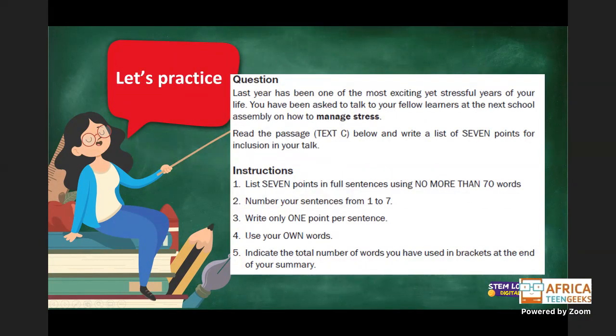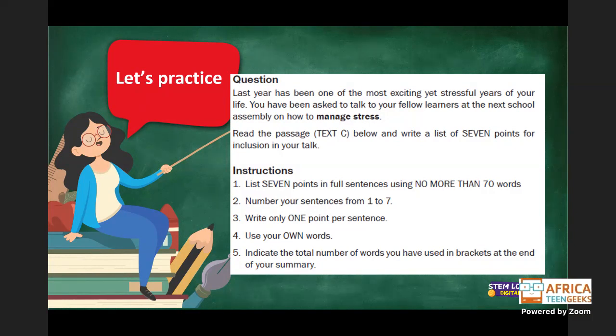So the question reads, last year has been one of the most exciting yet stressful years of your life. You have been asked to talk to your fellow learners at the next school assembly on how to manage stress.